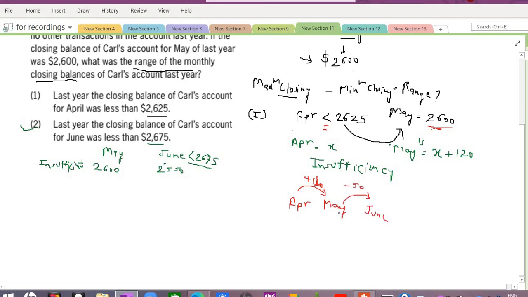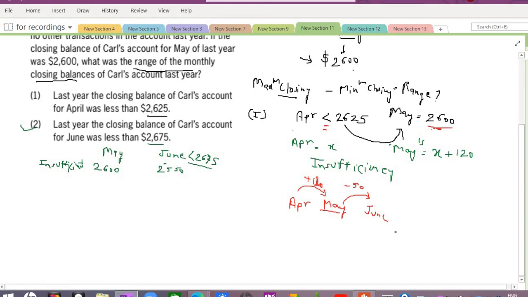So up to May he deposited, and then from May to December he withdrew. So now it's possible to calculate the range: maximum minus minimum. We get the maximum at the end of May and the minimum in December. We don't really need to calculate.